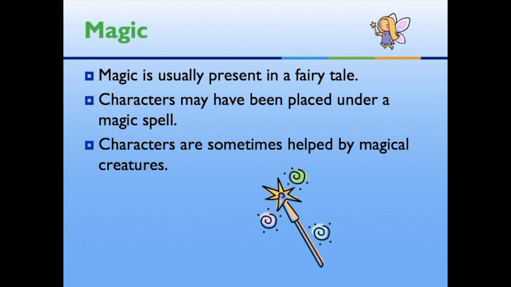It's usually there too, and of course, all of these elements are not a must-have, but they are very common and often seen in fairy tales. Characters may be placed under a magic spell, or held by or helped by magical creatures. Think of Beauty and the Beast. The Beast has been placed under a spell by the witch.